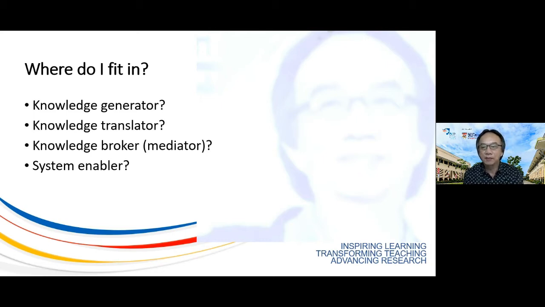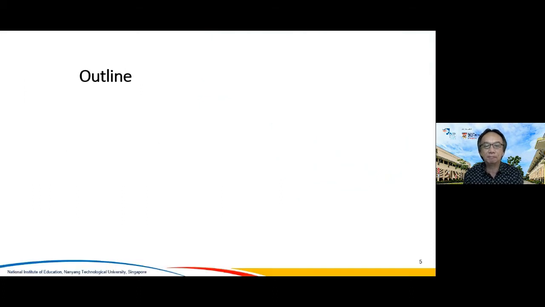Am I a research translator? I think the answer to that is yes. I'm doing a lot of this. Knowledge broker? I think I prefer to use the word mediator. It's a knowledge mediator. Yes, I think I'm doing quite a bit of this. And finally, as a system enabler, I think I've done this as well to a small extent.